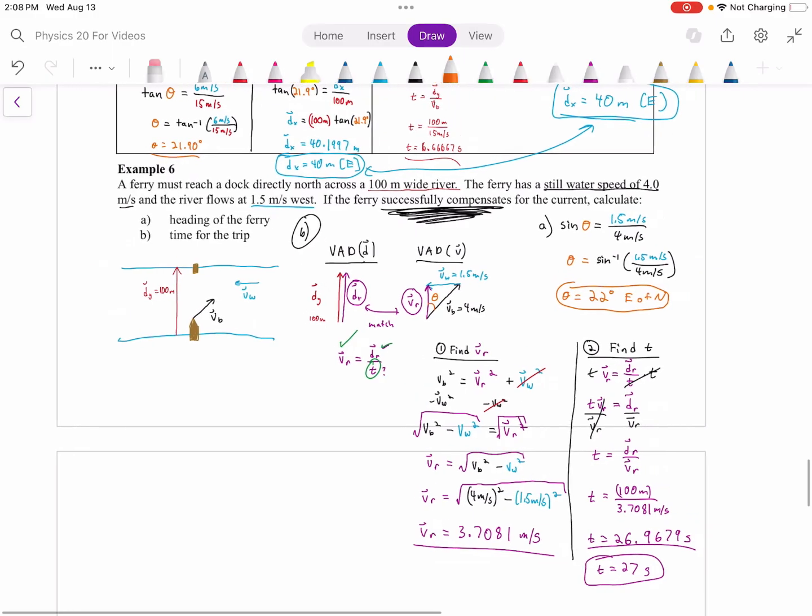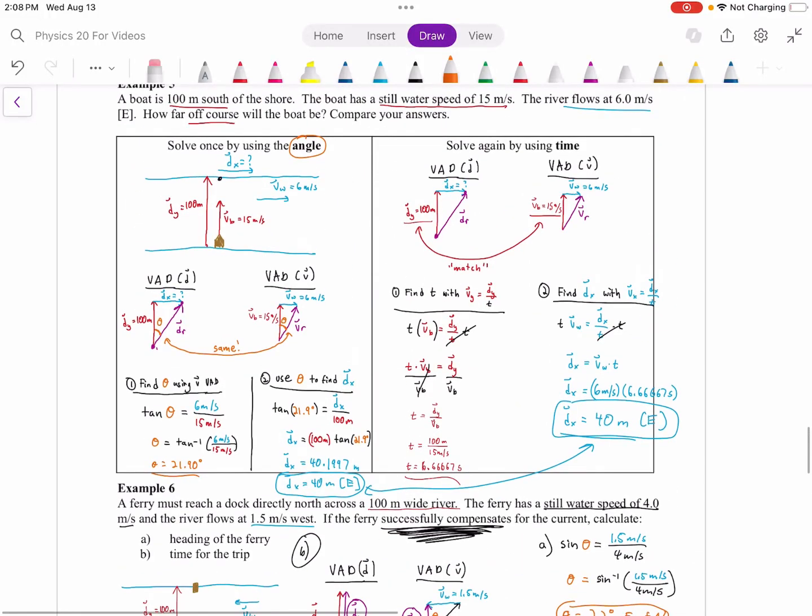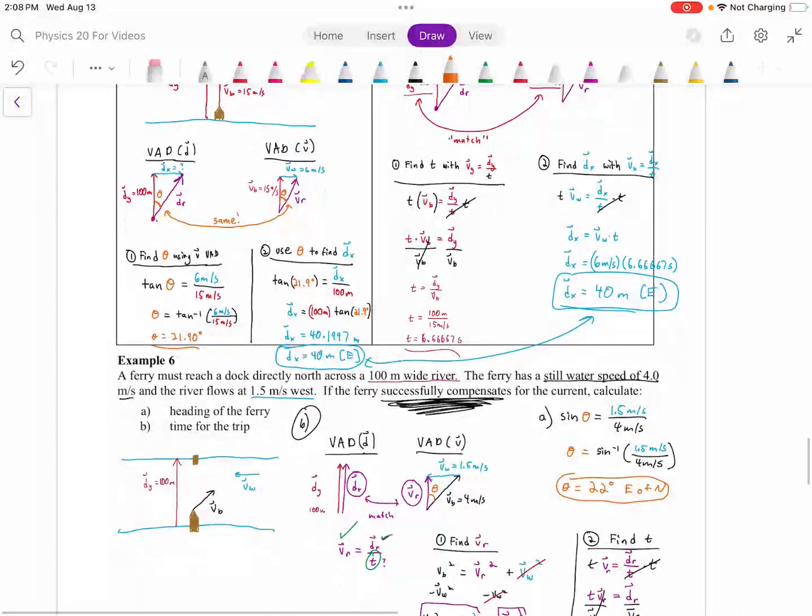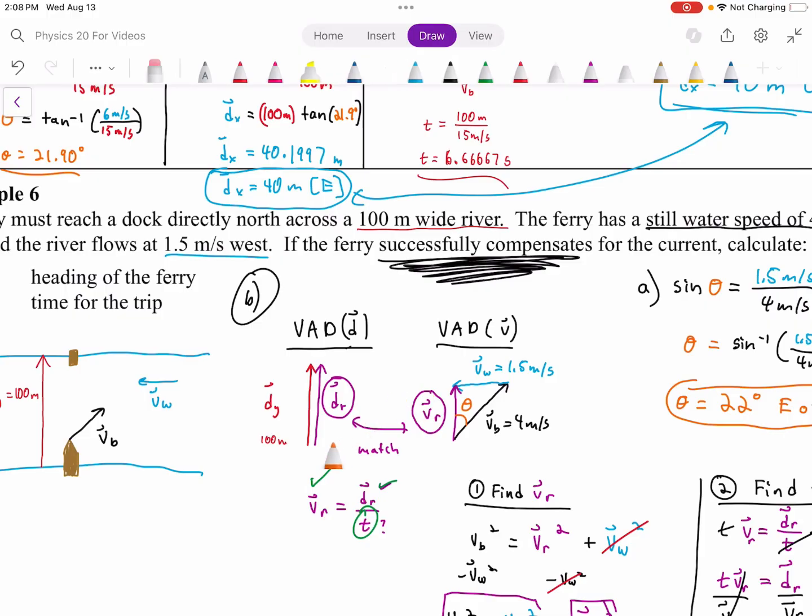Sometimes students will say to me, how do I know if it's one where I can use the angle or one where I can't use the angle? My response is usually, well, did you draw your diagrams? Once you draw your diagrams, you see pretty quickly whether you're going to be able to use an angle to solve it. It's no special rule or anything. It's just that, because they compensated, their resultant displacement is actually just straight across.